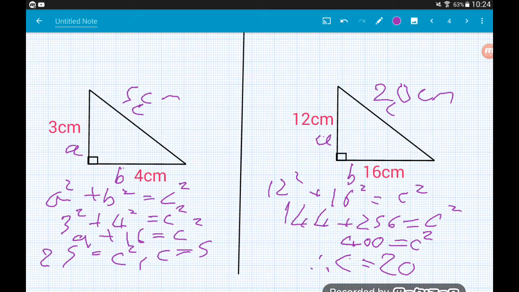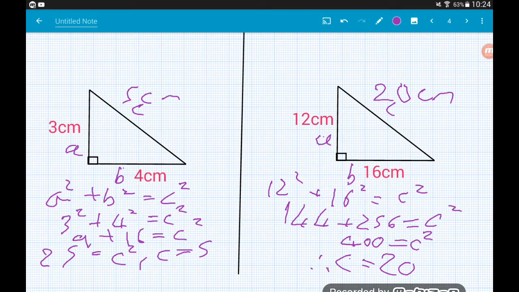For example, 3, 4 and 5 are a set of Pythagorean triples because 3 squared plus 4 squared equals 5 squared. Exactly the same with 12, 16 and 20. That's another set of Pythagorean triples because 12 squared plus 16 squared equals 20 squared.